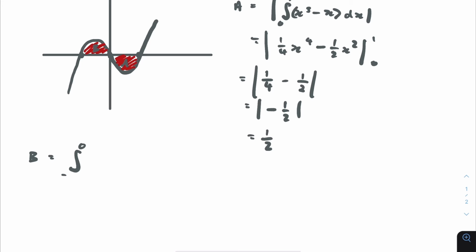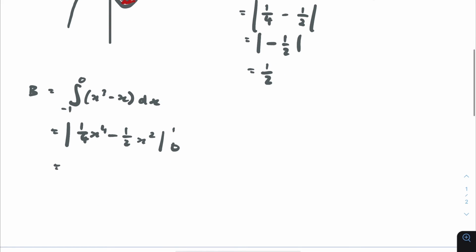The integral from -1 to 0 of x cubed minus x dx is equal to 1 over 4 x to the power 4 minus 1 over 2 x squared, which, because 0 times anything is 0, is 0 minus, in brackets, 1 over 4 minus a half, when you substitute all the values in.